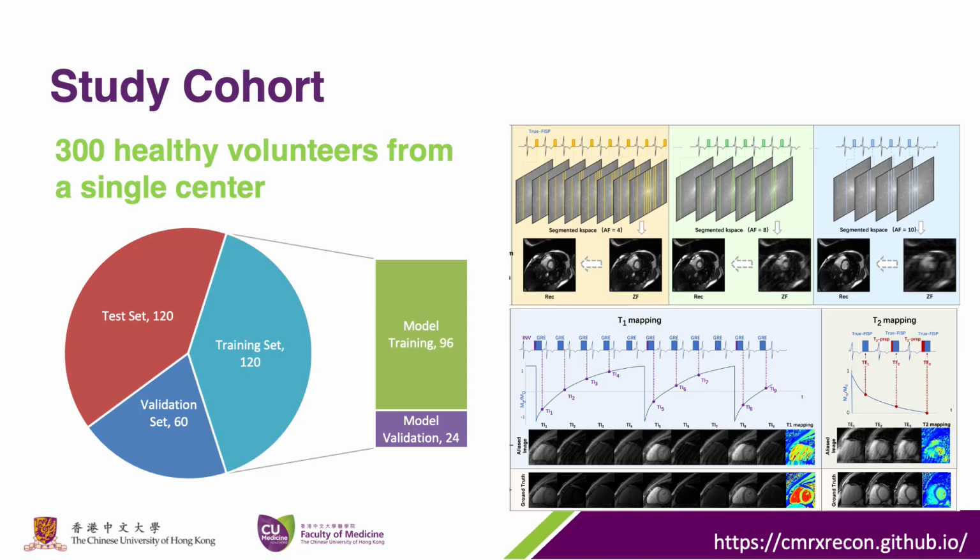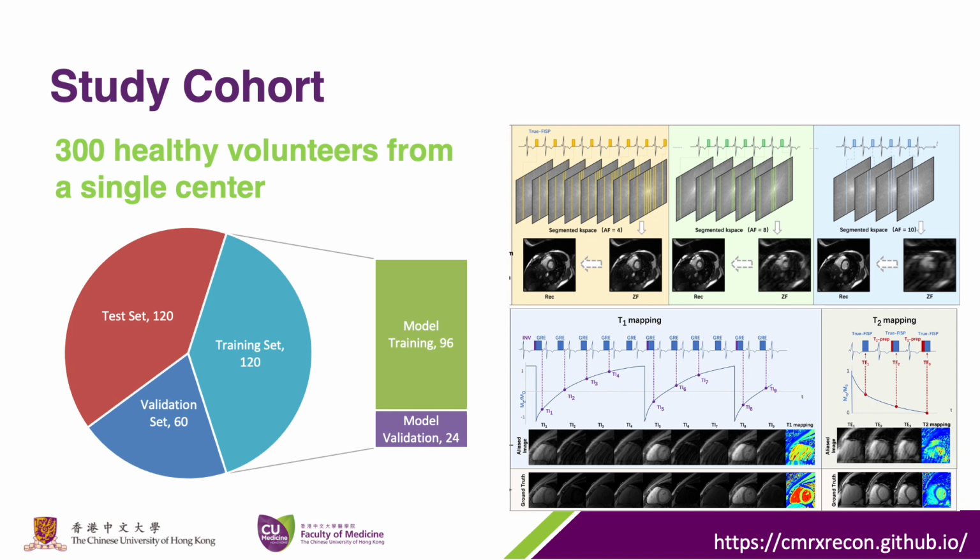We evaluate our methods on a cohort of 300 healthy volunteers, which was provided by the CMRxRecon Challenge. To train our models, we used 80% of the available training data and preserved the remaining 20% of the training data for evaluation.